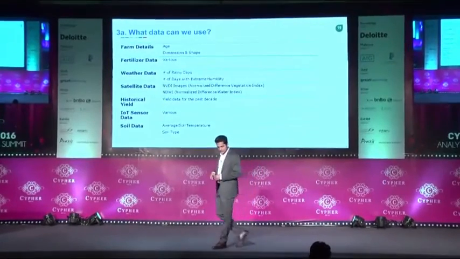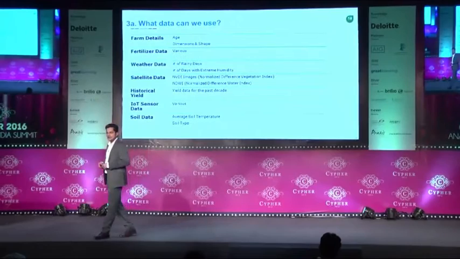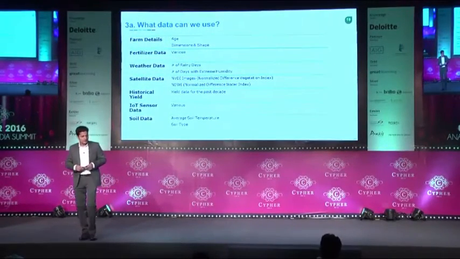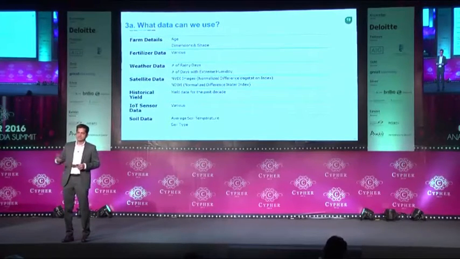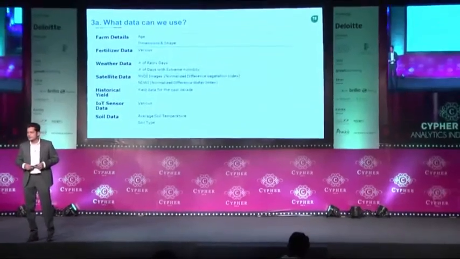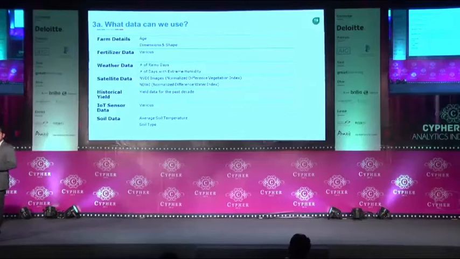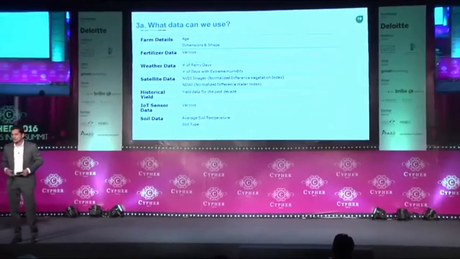The only other addition that we added in terms of satellite data is NDVI and NDWI. One is a water index, which says how much water content the farm is getting. The other one is a vegetation index, normalized difference vegetation index. It's basically a satellite image, which says how thick the field is, which gives us an indication of how many plants are growing there.